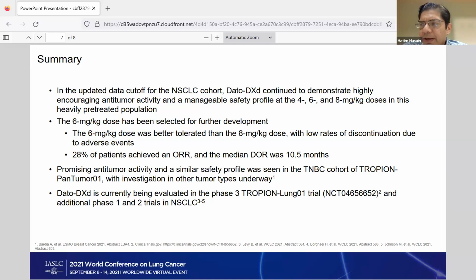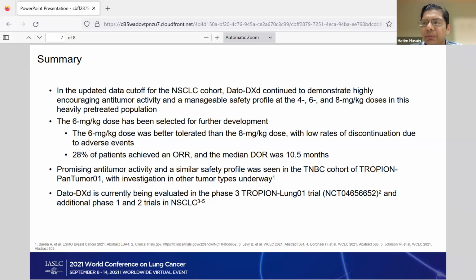And Dr. Jang, I just wanted to make a quick comment about your comment about combining the ADC datopotamab with PD-1. That was done in the first line. Currently, we don't have clinical trial data, at least to my knowledge, on Dato plus PD-1 after progression on the PD-1.